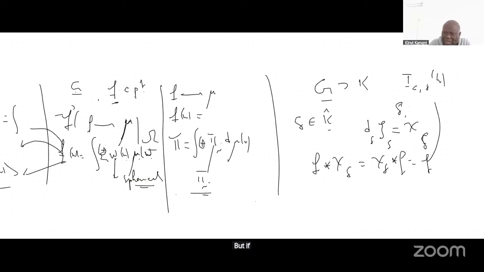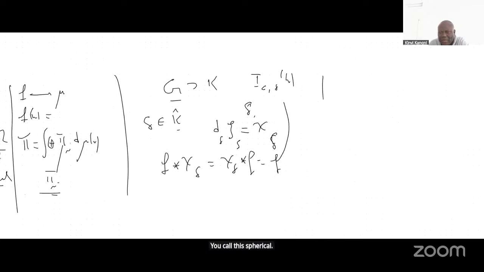But if delta is the trivial representation, which is finite dimensional, the space of continuous bi-invariant functions gives you the classical case of spherical functions. Here, we define what we call another spherical function, which is the extension of the classical one, which we call the spherical function of type delta.